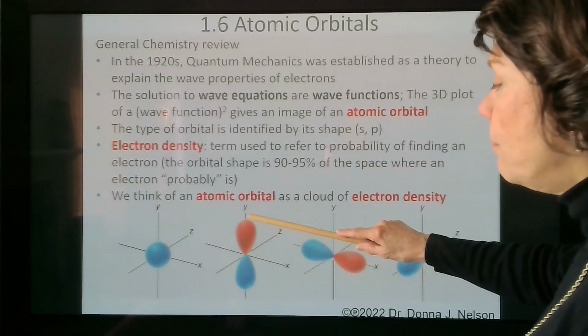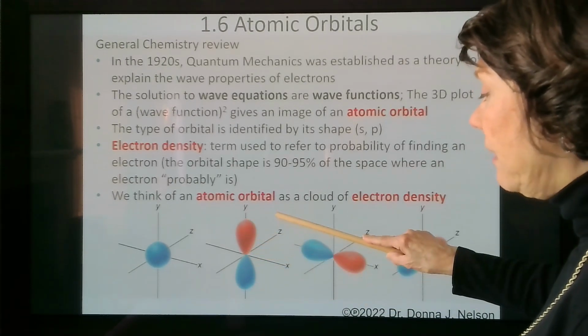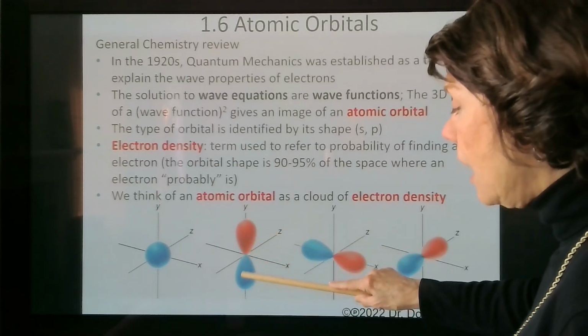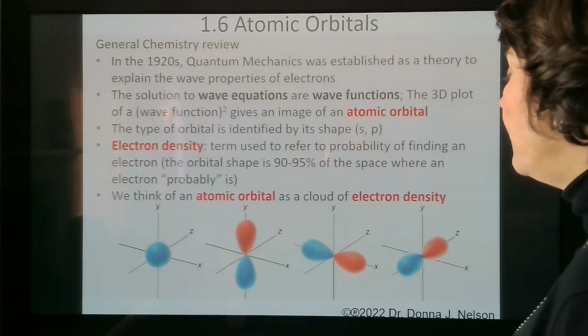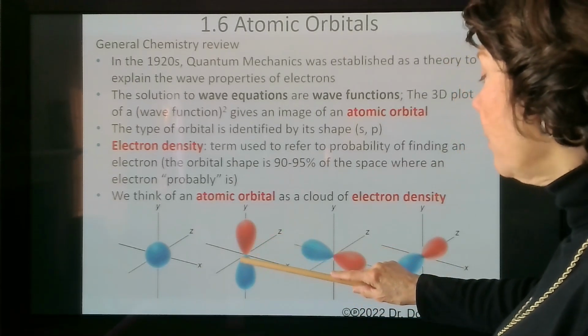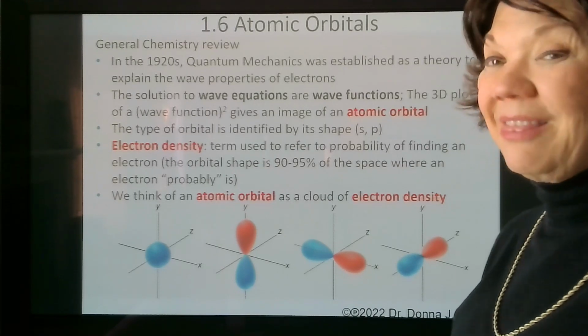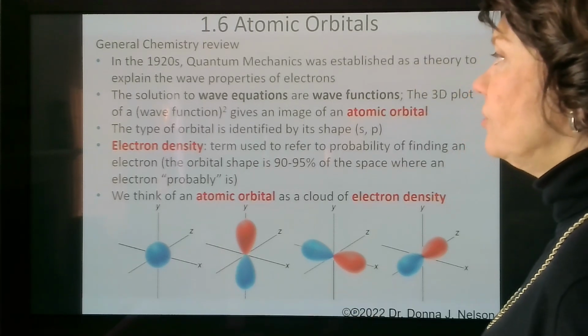So this is really a probability drawing. Actually the electron could be found out here, but most of the time it will be found inside these lobes. So the atomic orbital, you can think of as a cloud of electron density.